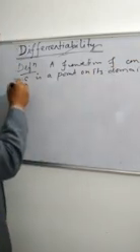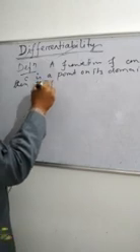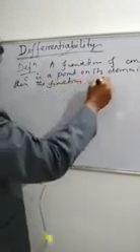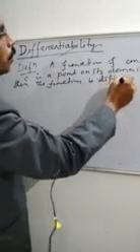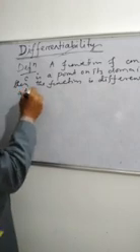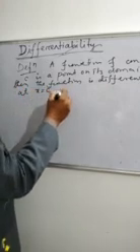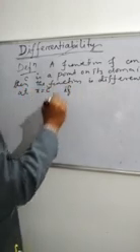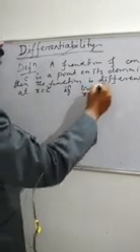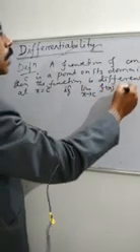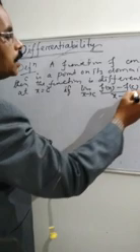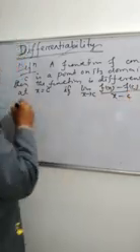Then the function is differentiable at x equal to c whenever the limit as x tends to c of (f(x) minus f(c)) by (x minus c) exists.